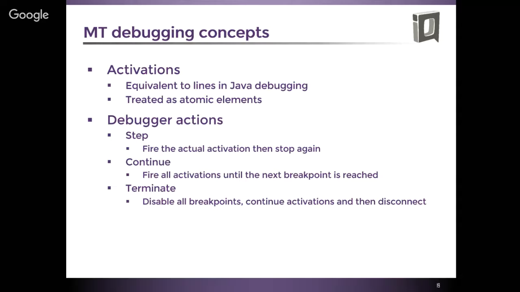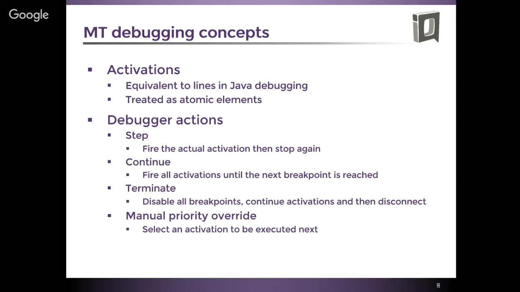In case of continue, model activations are fired until the next breakpoint is reached, and in case of terminate, all breakpoints are disabled, the transformation is continued, and the model transformation debugger tooling is disconnected from the transformation under debugging.